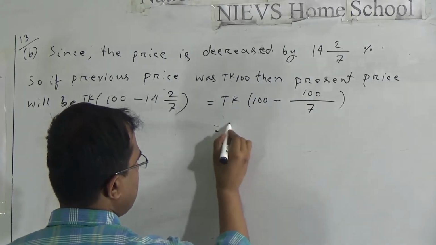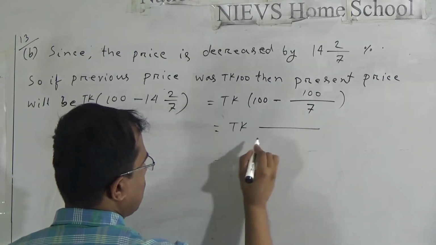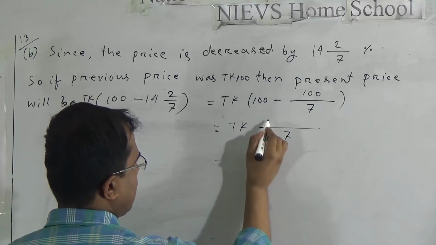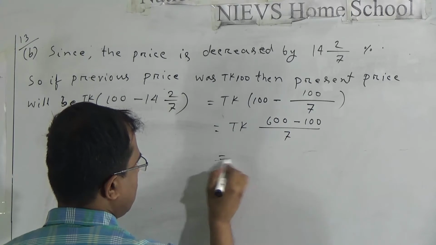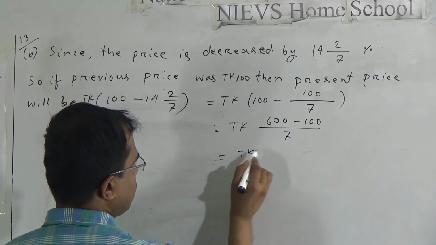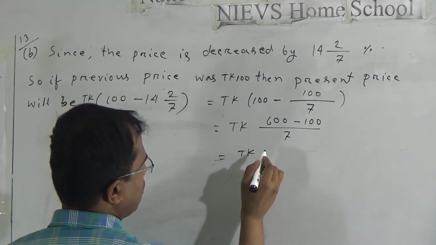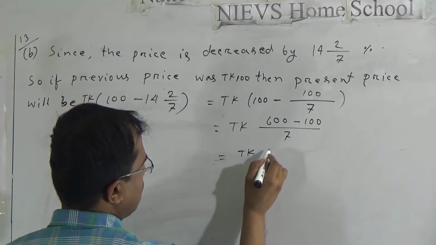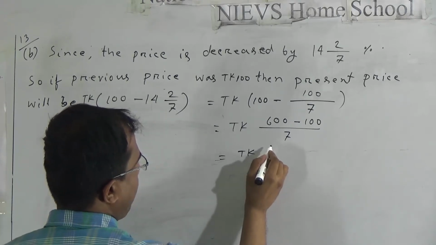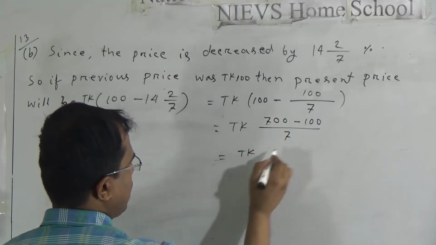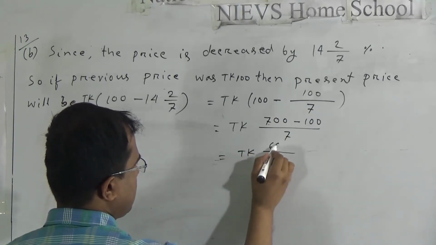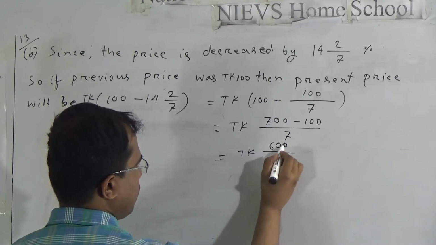And this is equal to TK, here the LCM will be 7, and 700 minus 100 is equal to TK 600 by 7.